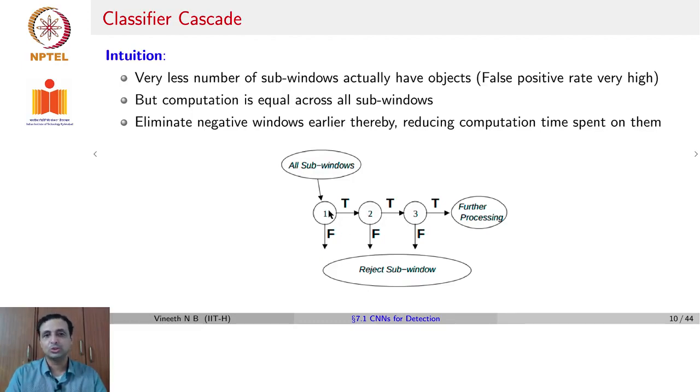Then only those sub-windows where a face is likely go to the next stage in the classifier, which again checks for faces. If there are sub-windows rejected at that stage, they again come out. Only the remaining sub-windows go through the next stage, and so on and so forth.